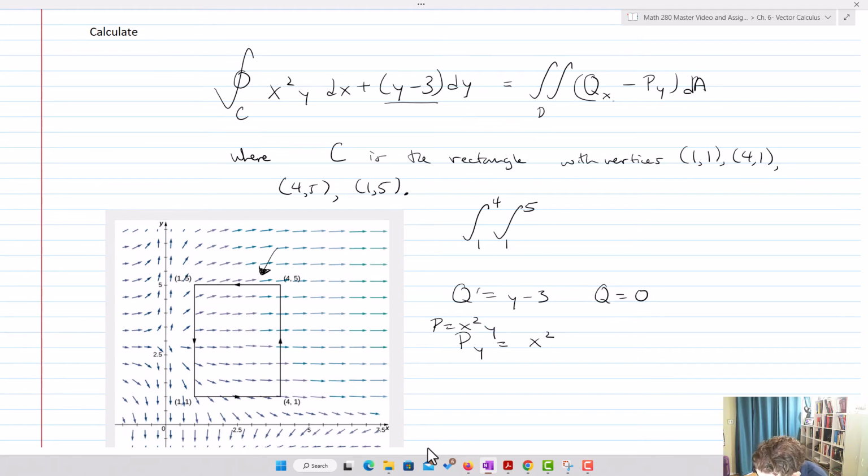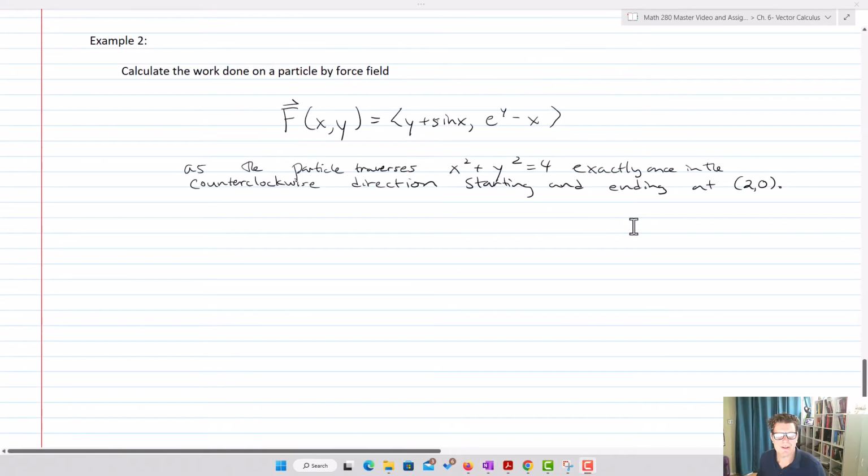So we're looking at the double integral over the region of x squared dy dx. This is a pretty straightforward double integral, so go calculate it. Notice how much easier that is than parameterizing all 4 sides of the rectangle. We'd prefer to just calculate this relatively simple double integral.